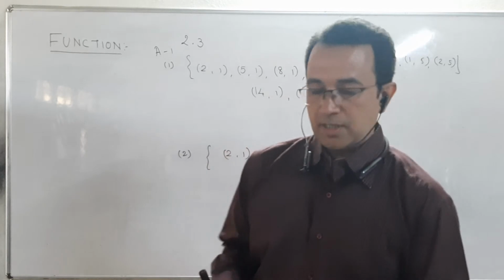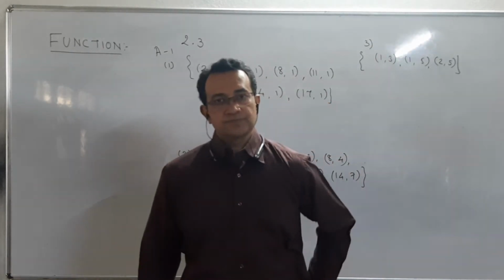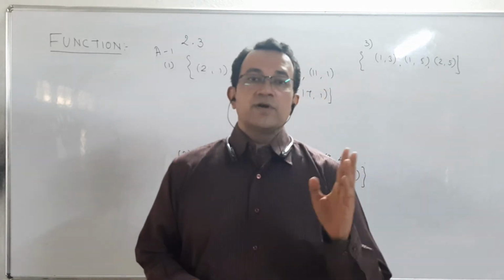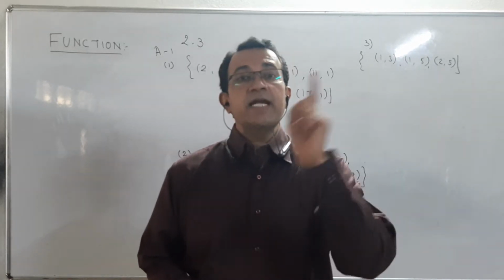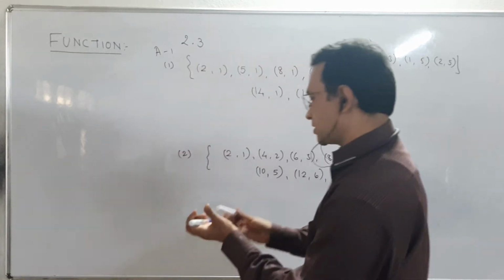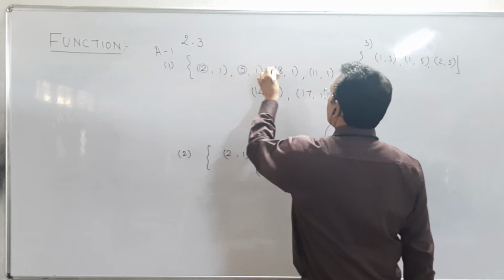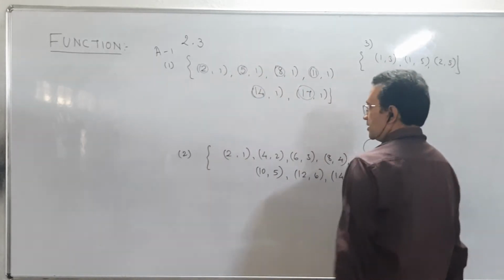Let us see. Now, two things I told you. In the ordered pair representation of a function, the first element can never be repeated, whereas the second element can be repeated any number of times. Let us check. These are the first elements: 2, 5, 8, 11, 14, and 17.